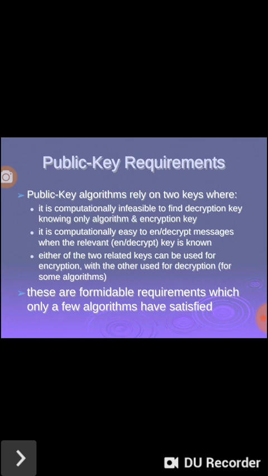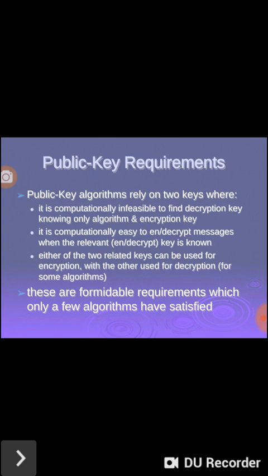Now you can see what the public key requirements are. It basically relies on two keys, where it is computationally infeasible to find the decryption key knowing only the algorithm and the encryption key. The second, it is computationally easy to encrypt or decrypt messages when the relevant encryption or decryption key is known.